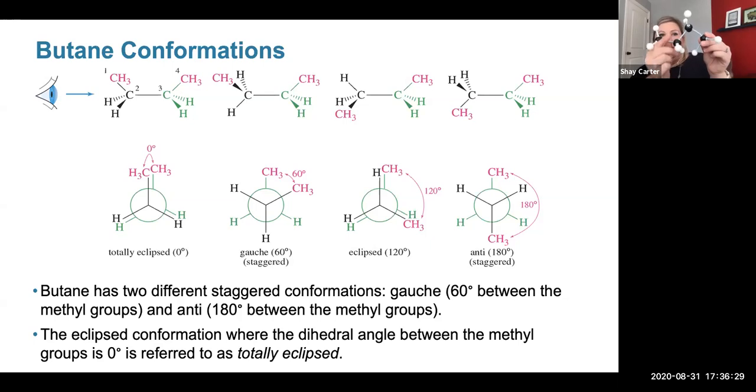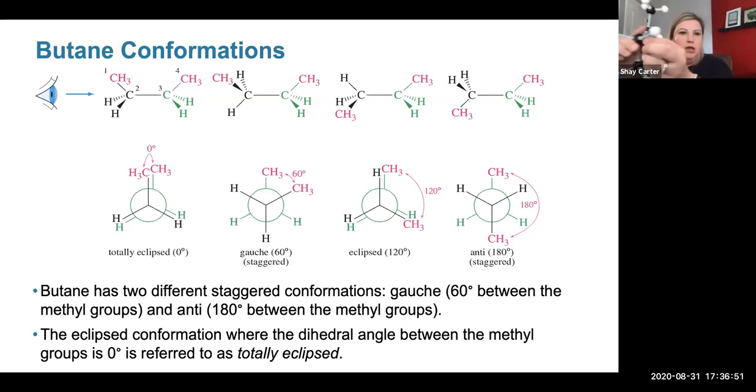We're going to look down this central bond, right here. Remember, these can rotate around this central bond, and that's exactly what we're looking at.